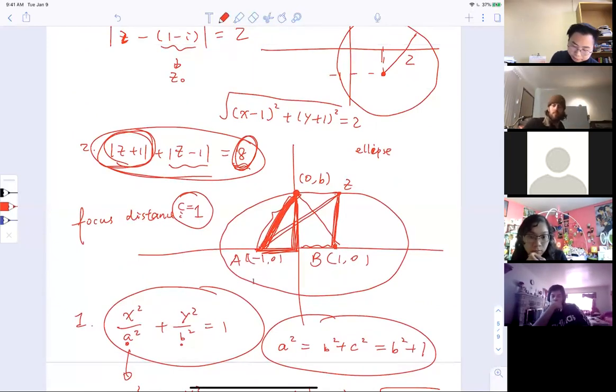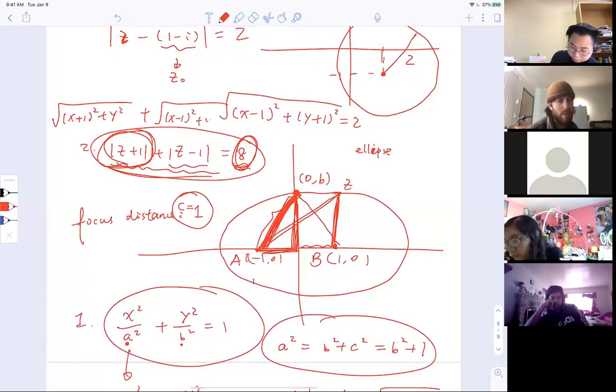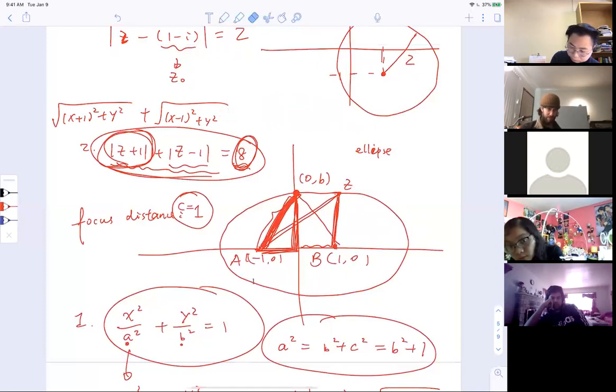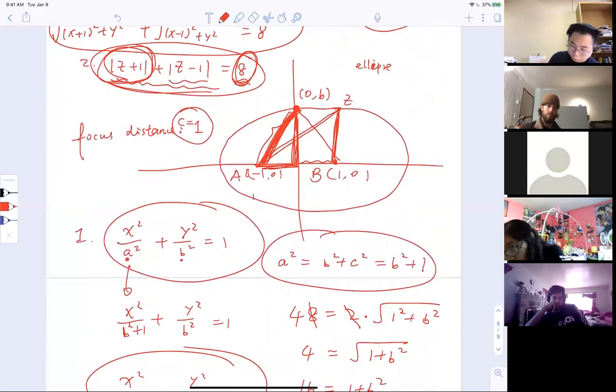You just write down the equation, the square root of (x plus 1) squared plus y squared plus the square root of (x minus 1) squared plus y squared equal to 8, and then do some tricks like squaring both sides. Eventually, you will get this equation.